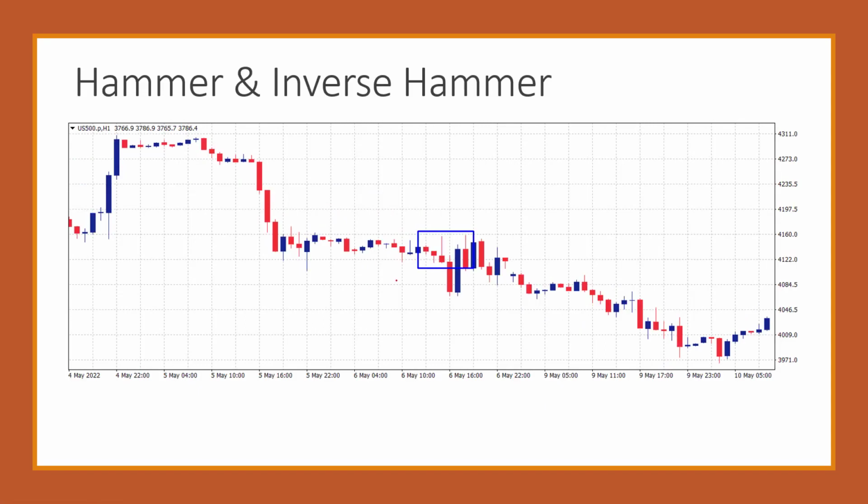And then another one which we like to use quite often is the hammer and the inverse hammer. This is where you hit a level of resistance or support, and then you get this sort of price action, which we can see here. So the price tries to either move to the upside or the downside, depending on where we are.